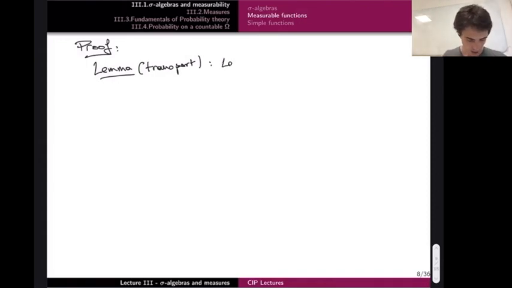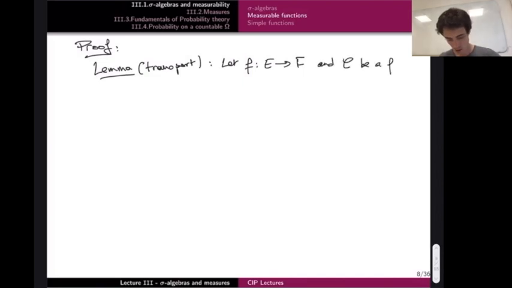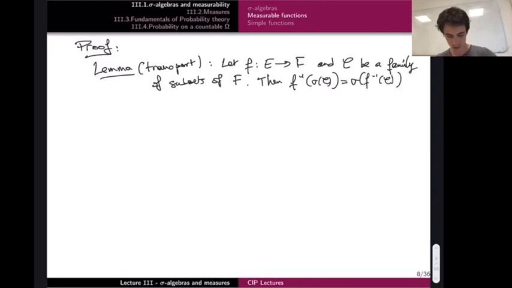Let f be a function from E to F, sorry, and C be a family of subsets of capital F. Then f minus 1 of sigma of C is equal to sigma of f minus 1 of C. Right? So you can interpret it as: the order of taking the pre-image and taking the smallest sigma algebra gives the same result.